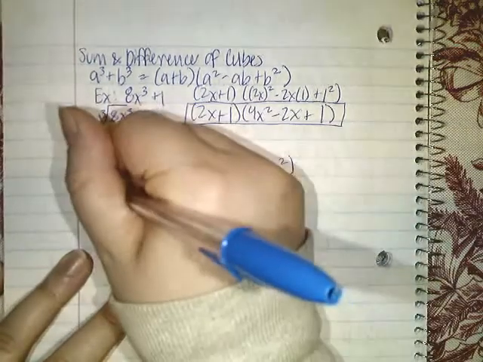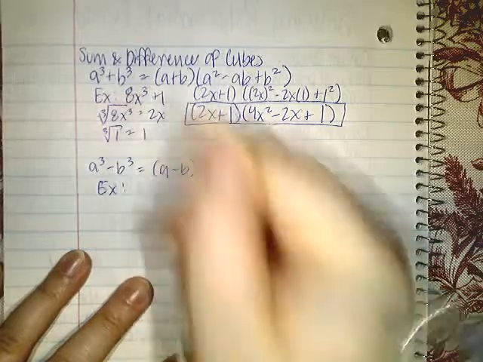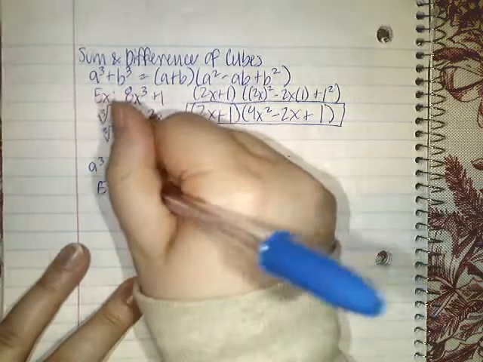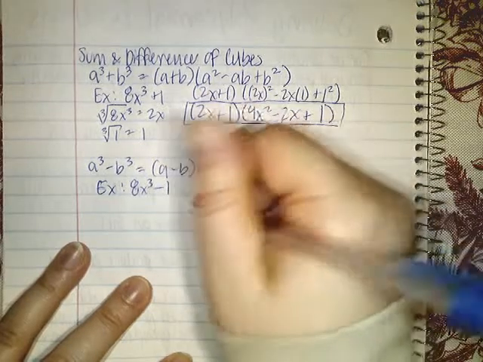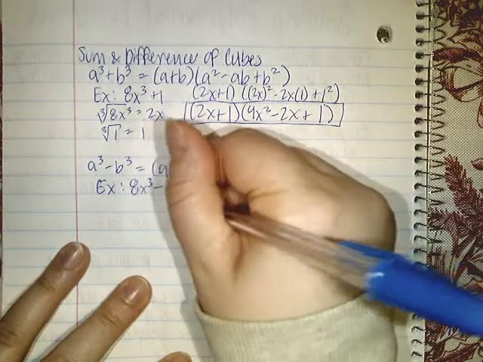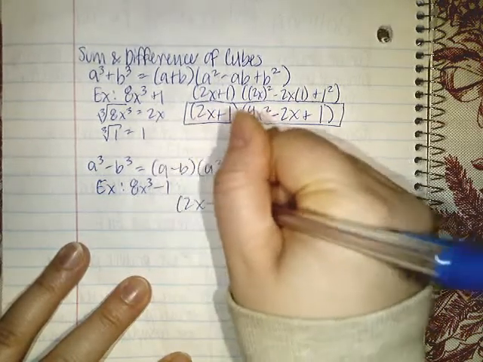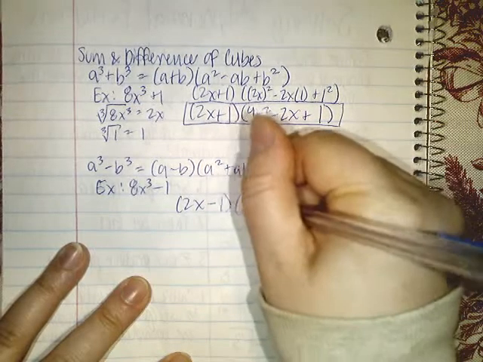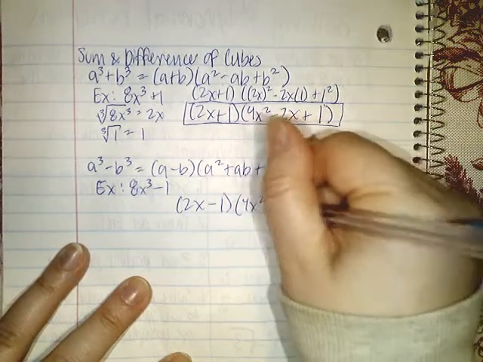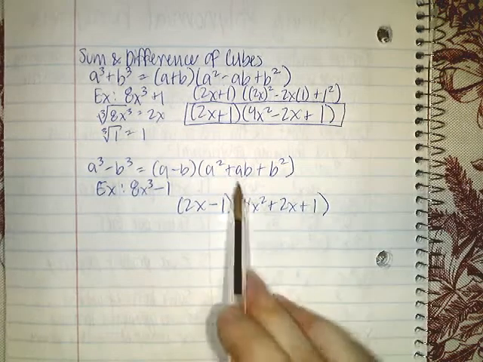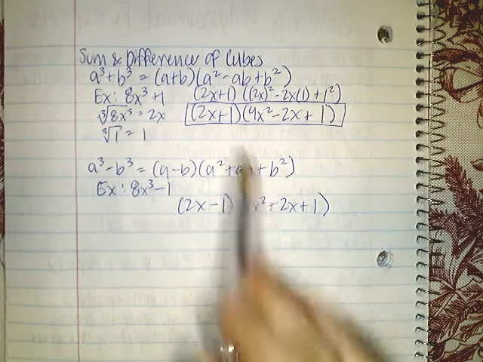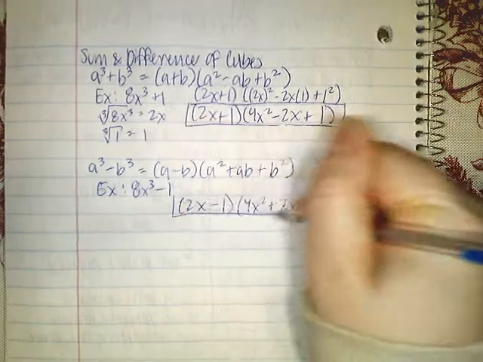Factoring this, we'll use the same numbers to make it easy: 8x cubed minus 1 would factor to (2x minus 1) times (4x squared plus 2x plus 1). Again, the only thing that changes are these signs between the two examples.